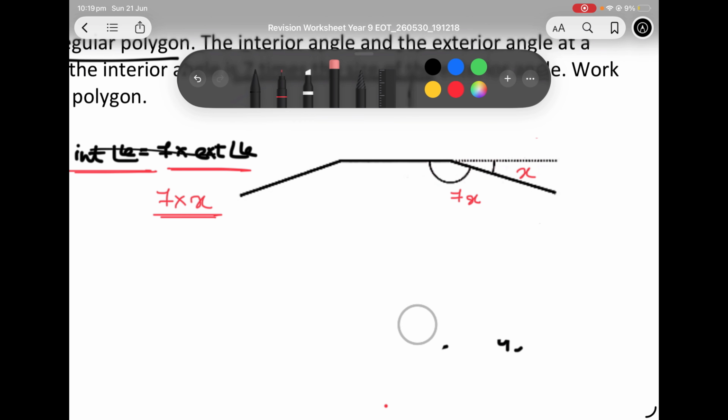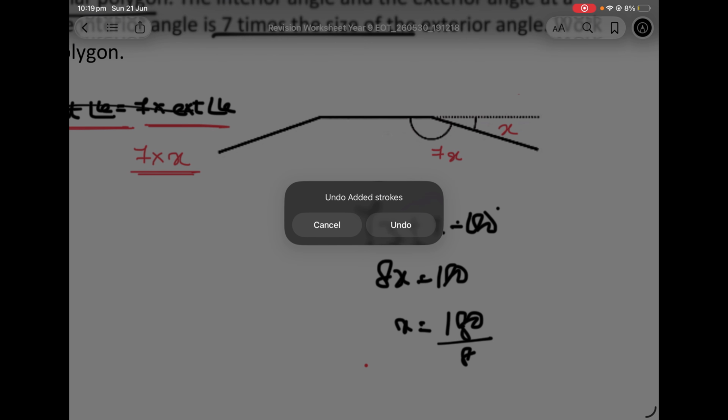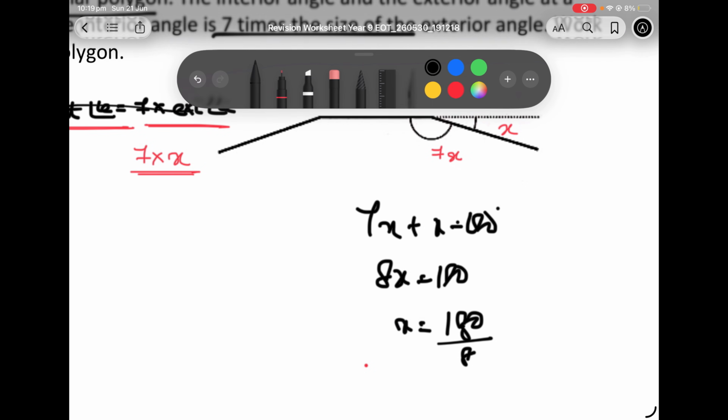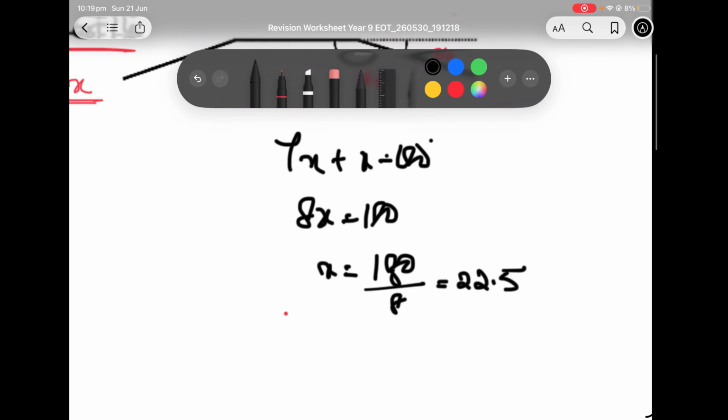I have to solve it in the calculator, I guess. 180 divided by 8 is what I get: x is equal to 22.5.